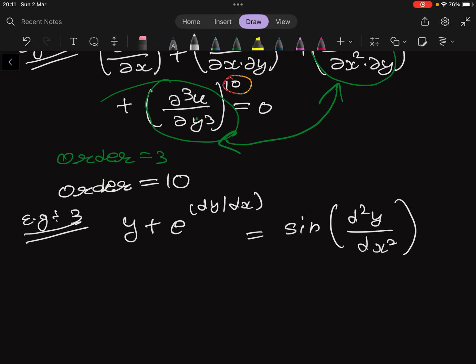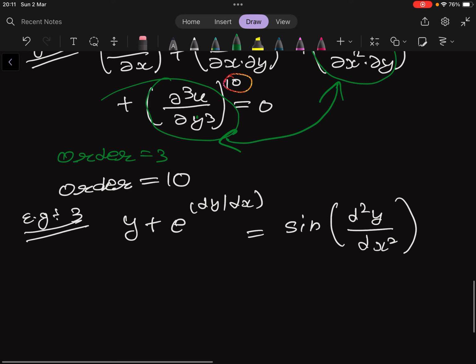Here we see that our sine term is not free from our basic variables, so it consists of y and x terms.